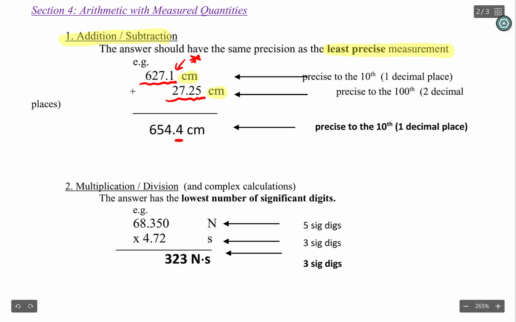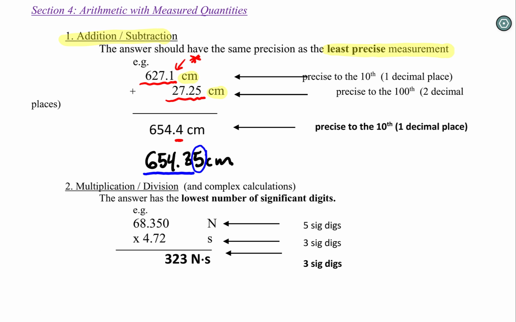Now the actual value that comes out here is 654.35 centimeters. Now, I would then underline my significant figures, which is to the least precise measurement. And then I would circle the number that comes directly behind it. This number is the one that dictates whether we round up or down.